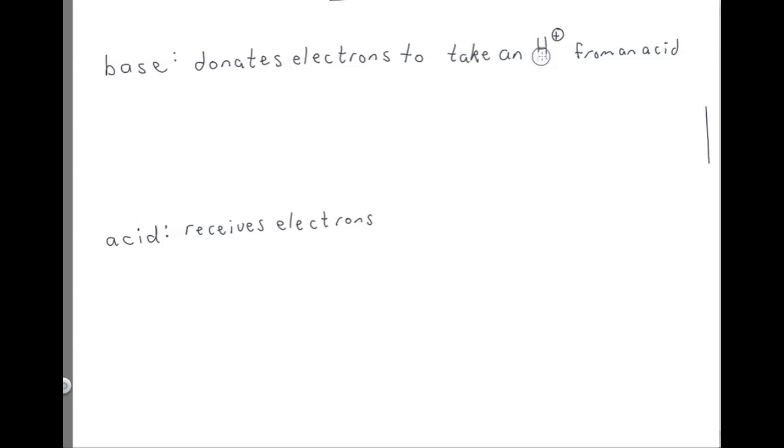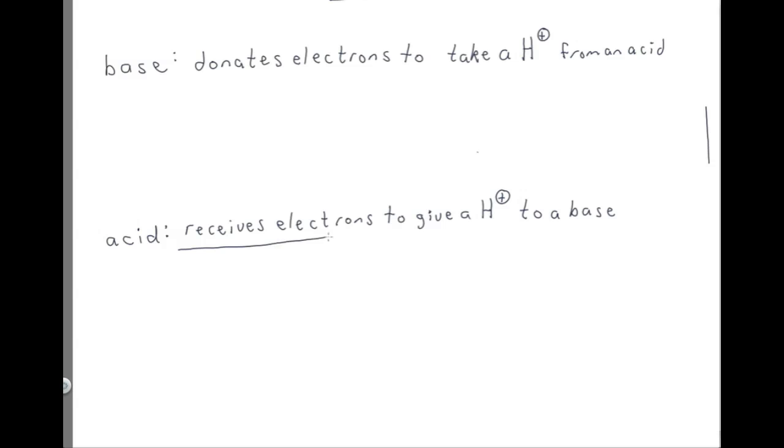And where the base takes a proton, the acid will be giving a proton. And who does the acid give the proton to? To the base. Again, we have a two-part definition. The acid receives electrons to give a proton to a base.